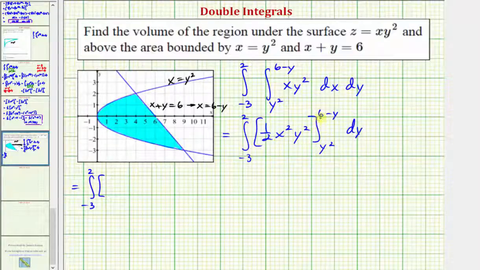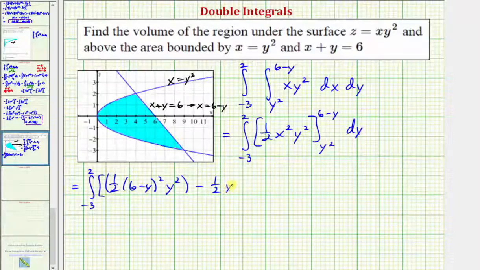So when x equals 6 minus y, we'd have 1/2 times the quantity 6 minus y squared times y squared, minus, when x is equal to y squared, we'd have 1/2 times y squared squared times y squared.